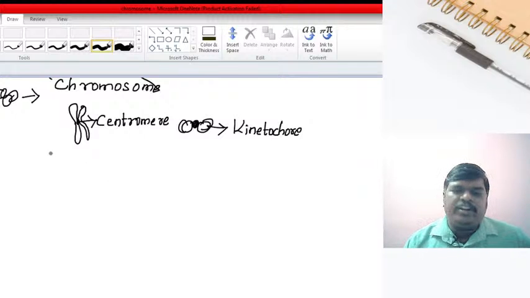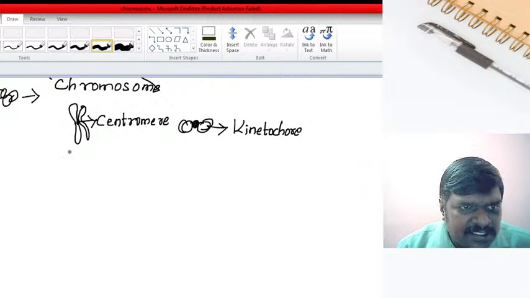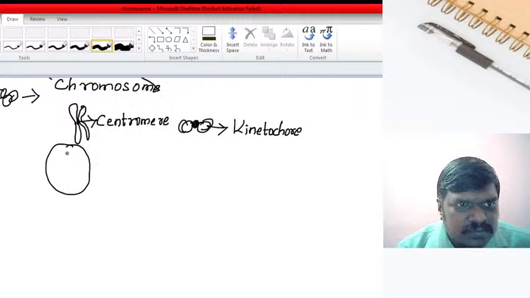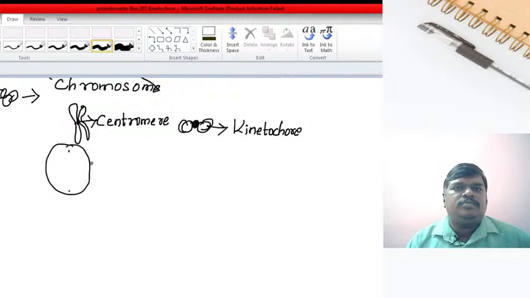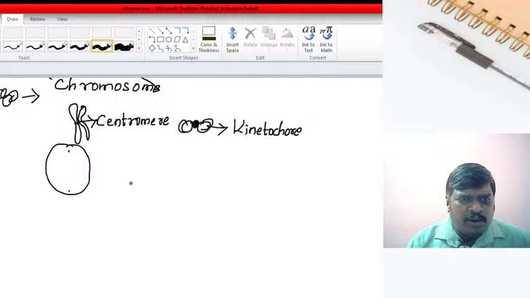Why? I'm going to explain it to you. If you take a cell, the centrioles will be here. Just assume that this is a centriole. During the cell division process, the centrioles start producing spindle fibers.